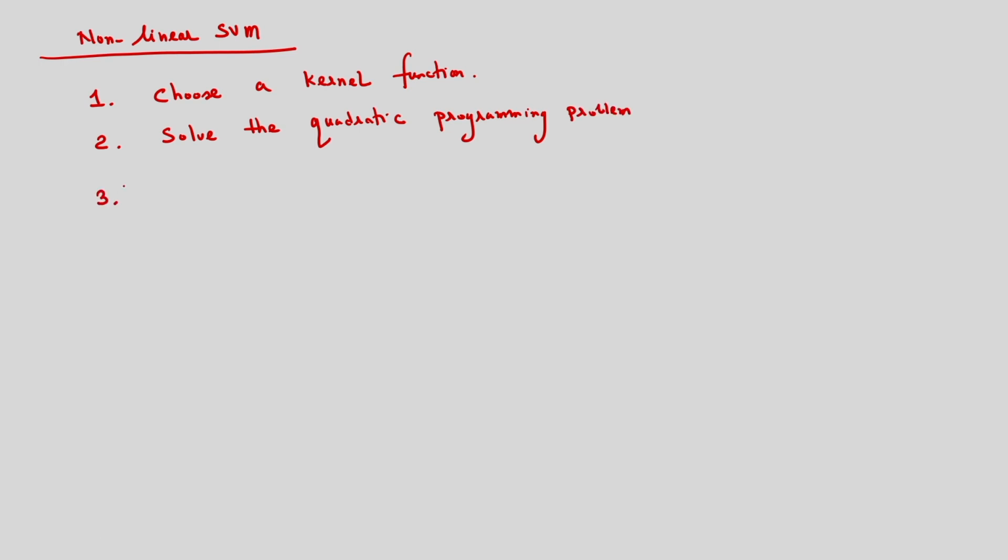And number 3, after the solution of this nonlinear optimization problem, we have to determine the weight vector, and based on the weight vector we can determine the discriminant function. So construct the discriminant function from the support vectors.